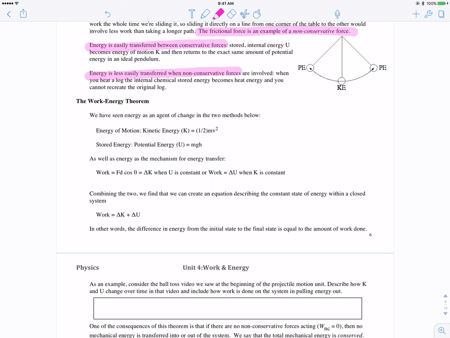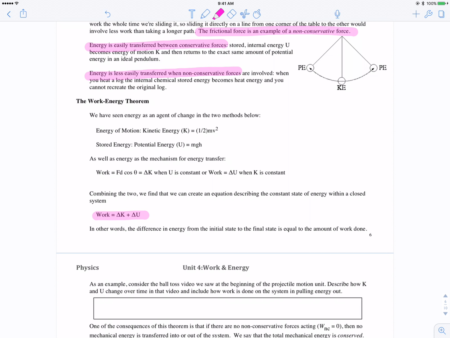Okay, the work-energy theorem states that there is an equation that relates the total amount of kinetic and potential energy to work. Here you see it: work equals delta K plus delta U, or the work done on a system will be equal to the change in the system's kinetic energy plus the change in the system's gravitational potential energy.